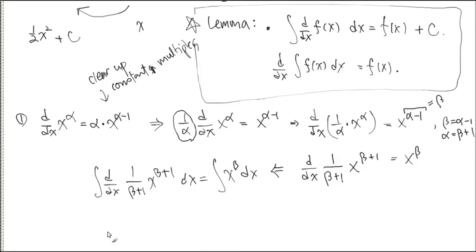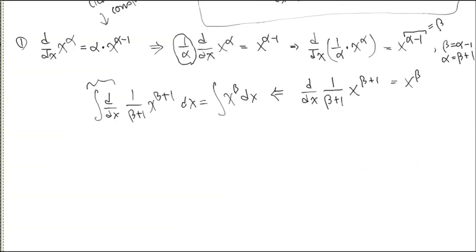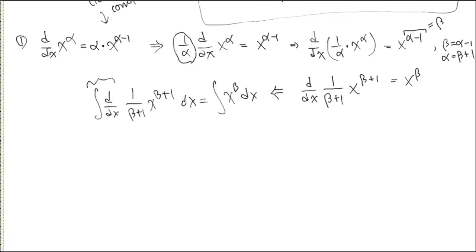And on the left-hand side, differentiate and indefinite integral cancel, right? That's exactly what that operation is. You differentiate and anti-differentiate, you cancel. It disappears. So you're left with 1 over beta plus 1, x to the beta plus 1. And the left-hand side is x to the beta dx. Correct?